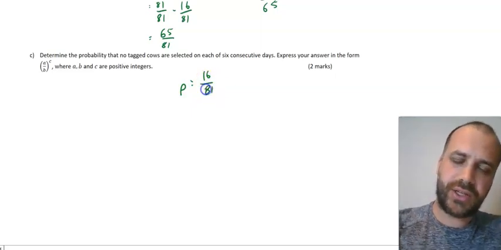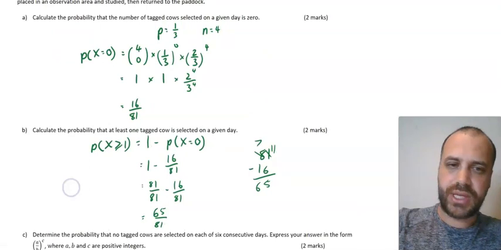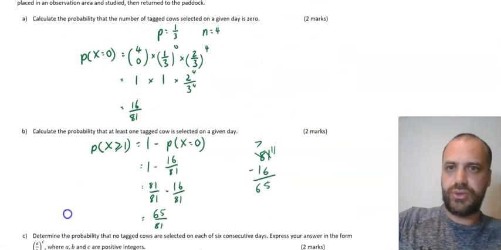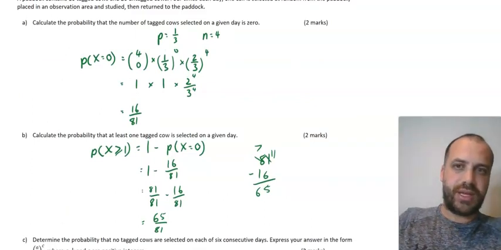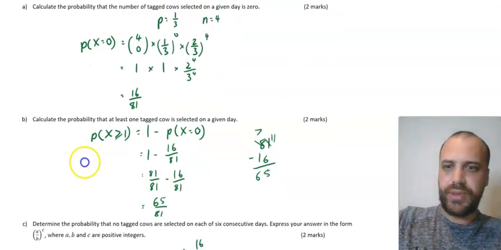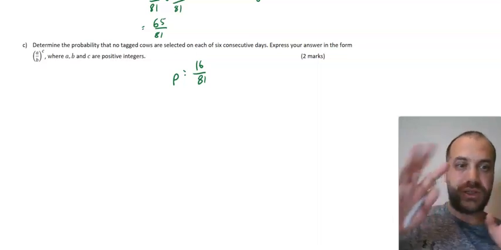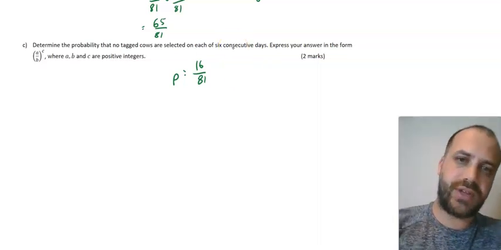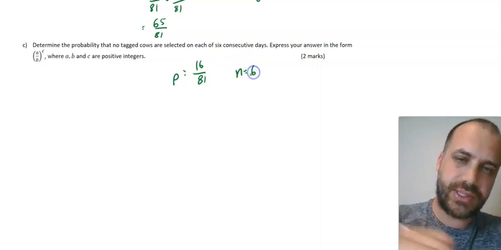So forget the fact that I said earlier that p was equal to 1/3, because this p is different to this p. This is the probability of getting a single cow. This is the probability of getting 0 cows in one day. All right, and we're going to do 6 consecutive days, so we're going to do n equals 6.